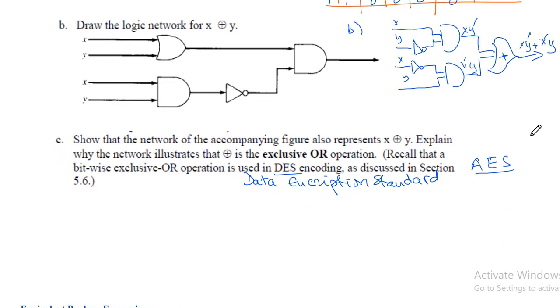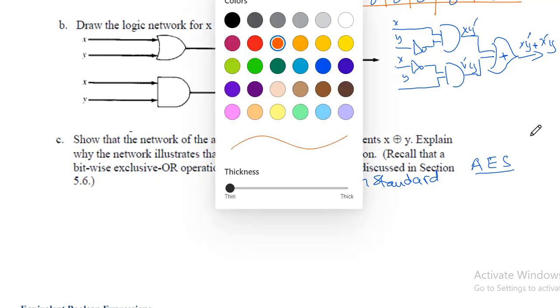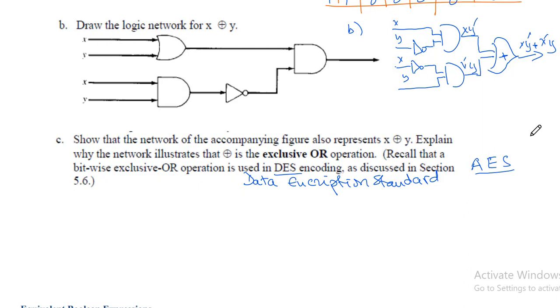The question is, are these two networks the same? For the same input, do we get the same output? So what is the expression for this network? Right here I have an OR, so I have x plus y, and here I have xy, but then I invert it, and the output is x plus y, xy naught. So the question is, are these two expressions equivalent?